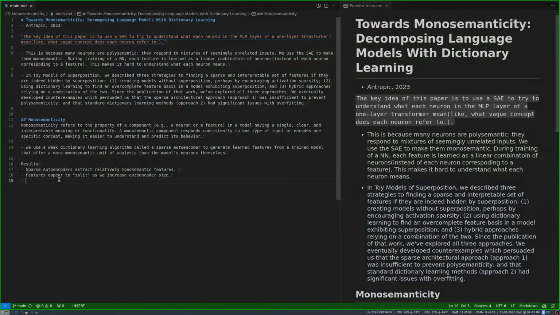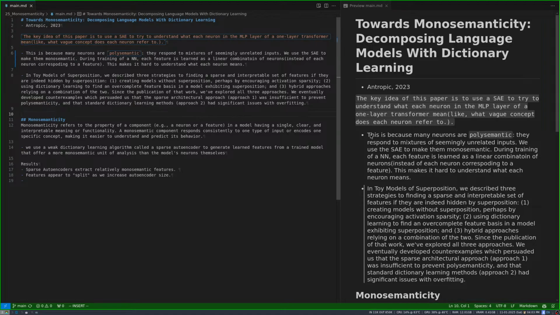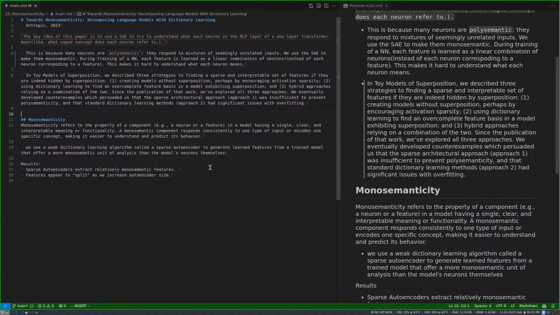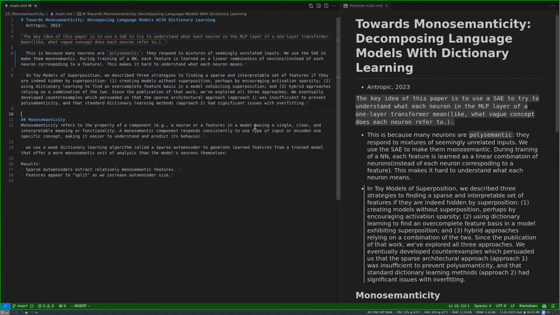We were talking about monosemanticity, how normal neurons are polysemantic, with one idea or one feature corresponding to multiple neurons in a neural network layer.